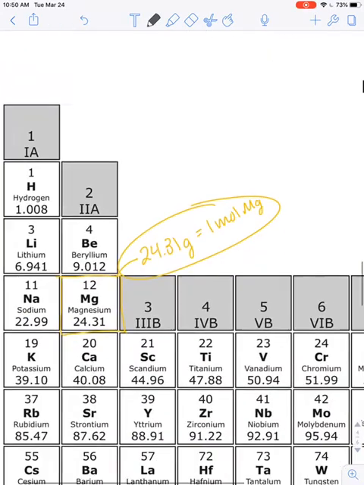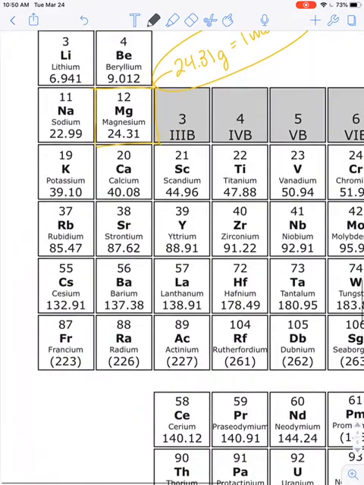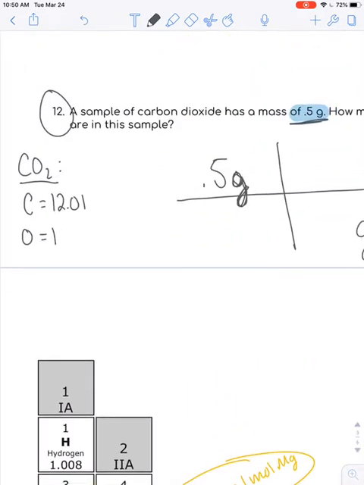And oxygen on our periodic table is 16.0. But remember that we have two oxygens, so that's going to have to be times 2, which gives us a total of 32.